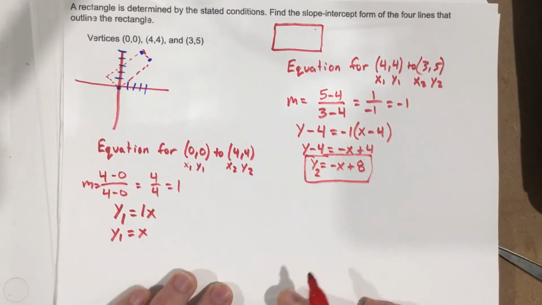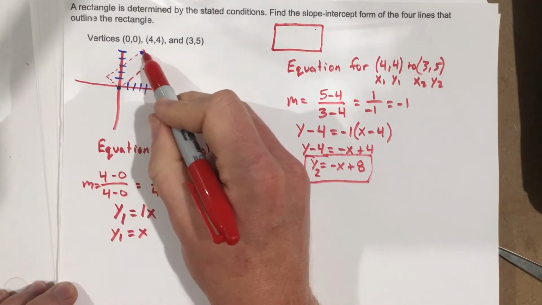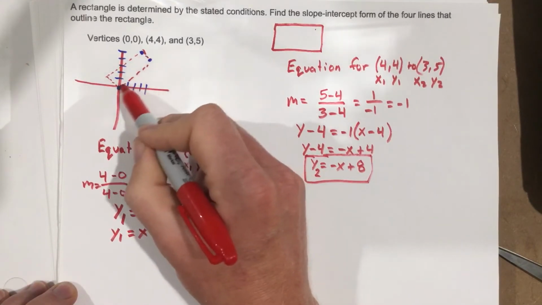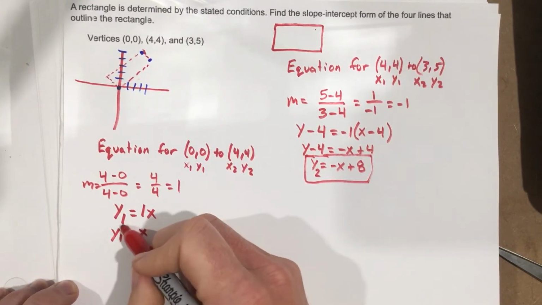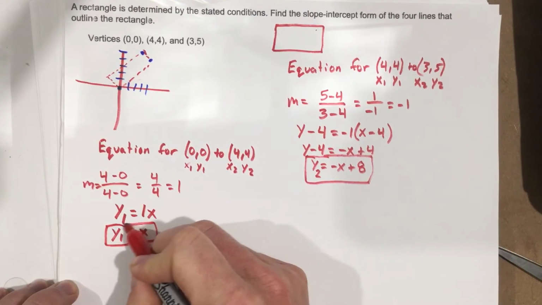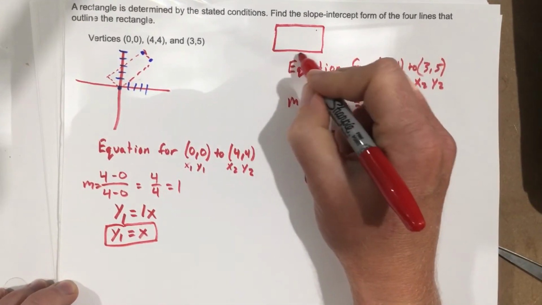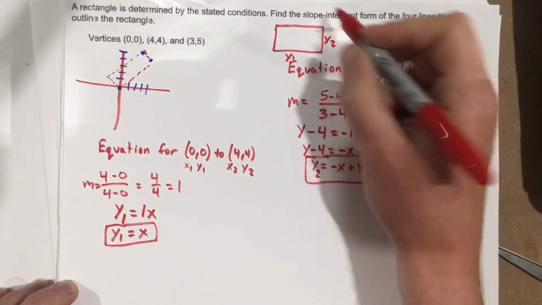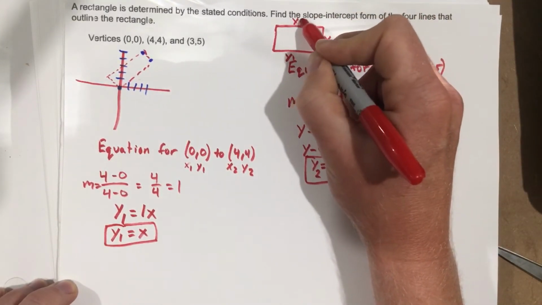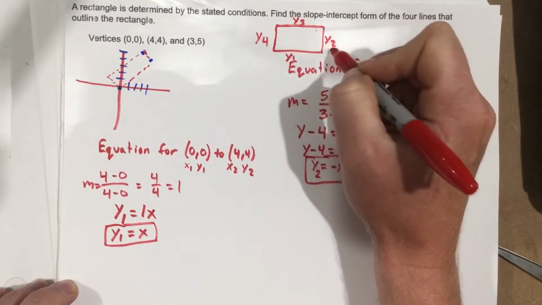Now, line 1 is right here. Line 2 is right here. We have now two sides of this rectangle. We need to find side 3. We've found y1 and y2. Now we need to find y3, which is parallel to y1, and we also need to find y4, which is parallel to y2.